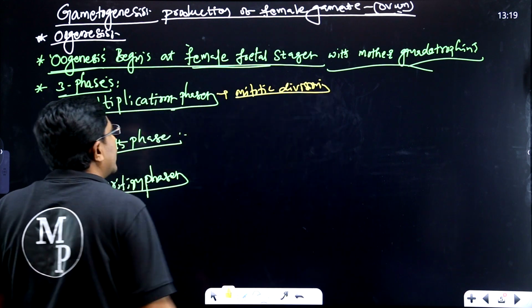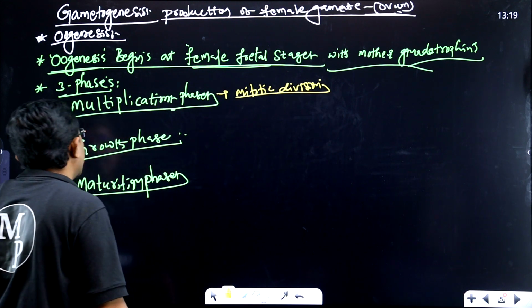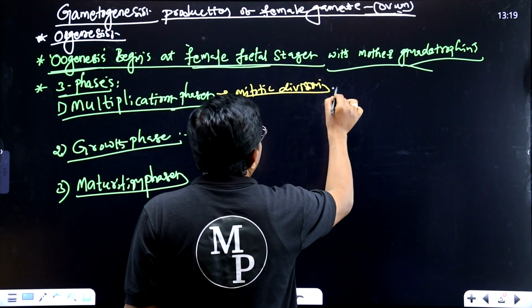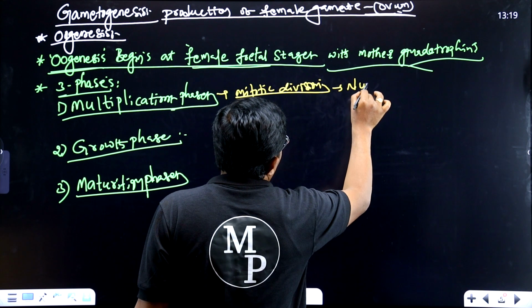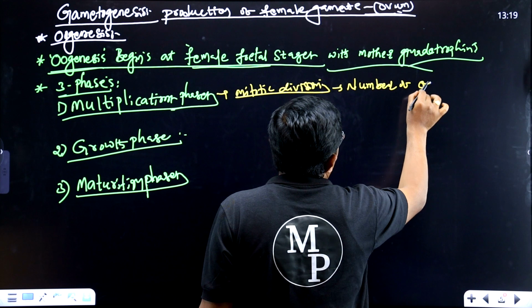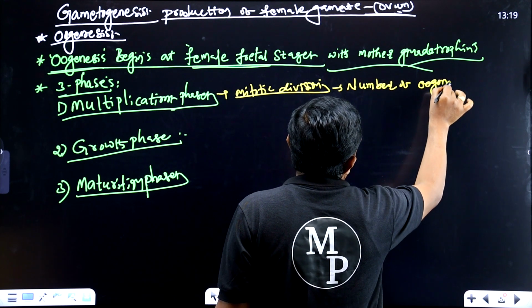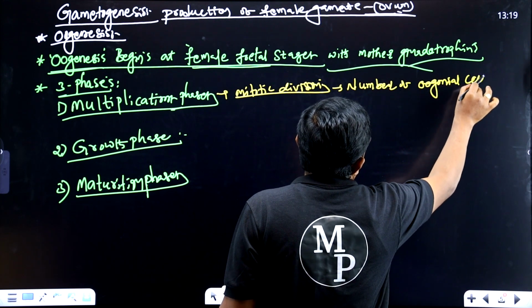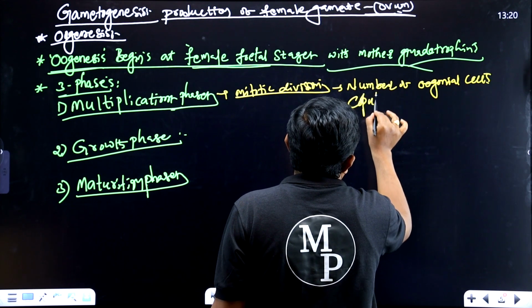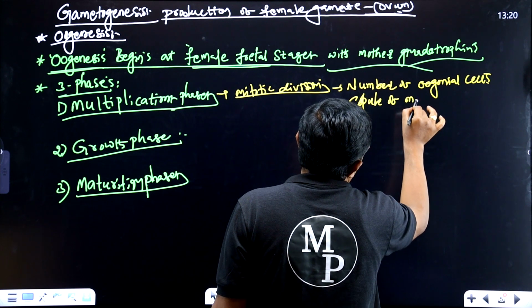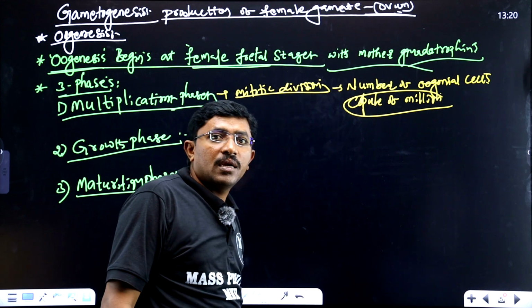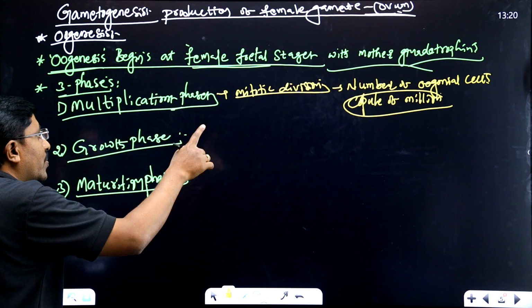Next, the number of oogonial cells is increased, approximately a couple of million oogonial cells are produced here.